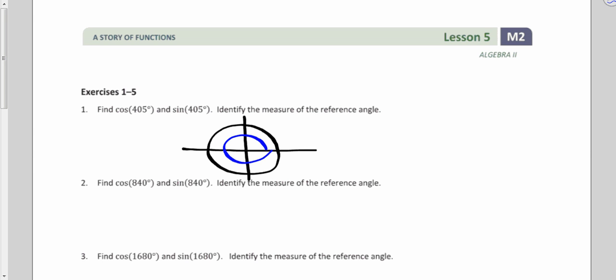So how much further do I go? 405 minus 360 is 45. So I got to go another 45 degrees, and that's where I draw my ray.